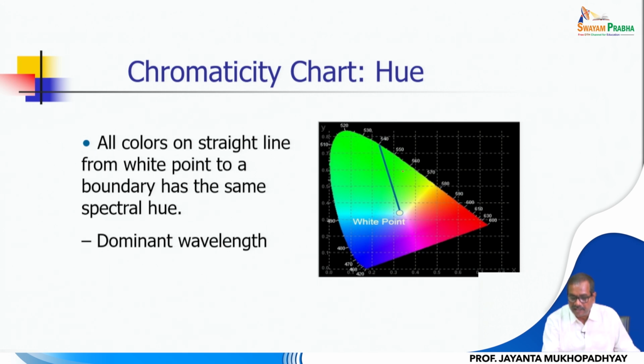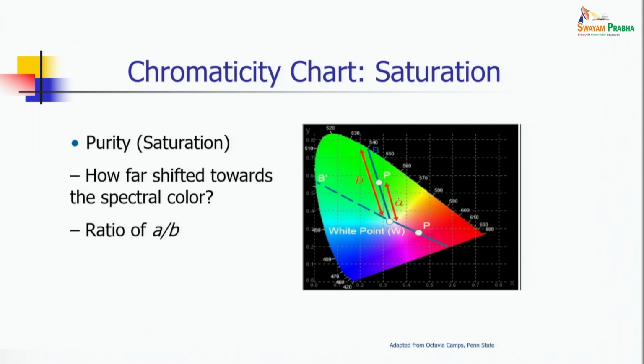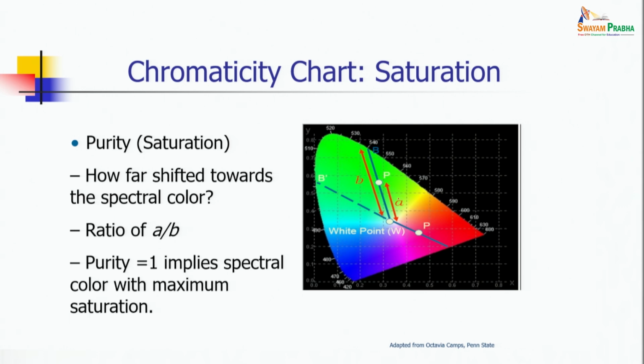So the hue of any point is, if you draw a vector and there is a reference point, this angle can represent hue as you vary it, and for this point this radius will provide you the saturation. Actually the relative fraction of this radius over the maximum length provides the saturation. So as I said, purity implies spectral color with maximum saturation.